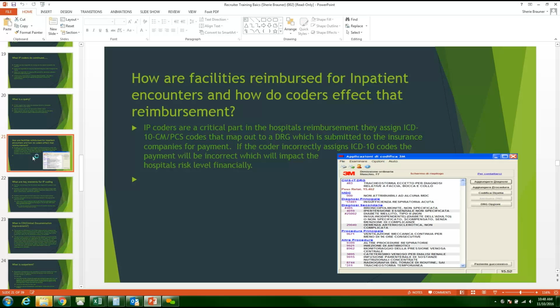If the coder incorrectly assigns the ICD-10 code, the payment will be incorrect, which will potentially impact the hospital's financial risk level. In the lower right-hand corner, there's an example showing the DRG assignment, the diagnosis codes and the procedure codes. It's a snapshot of what 3M Encoder may look like once the coding is completed and submitted.